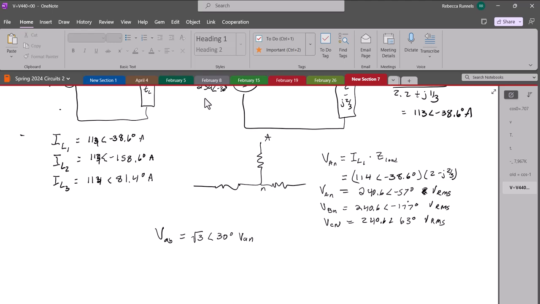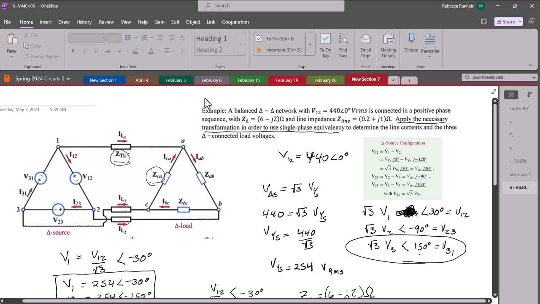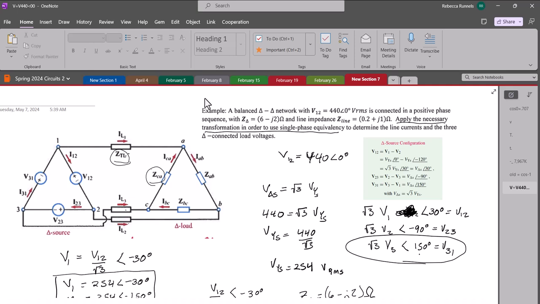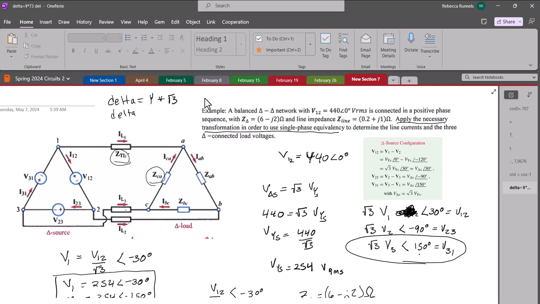So just remember, we're going from our y to our delta, and delta equals y times square root of 3, delta angle equals y angle plus 30 degrees.